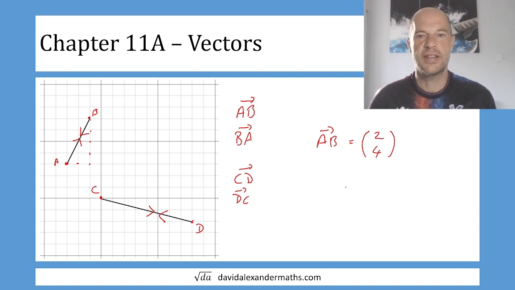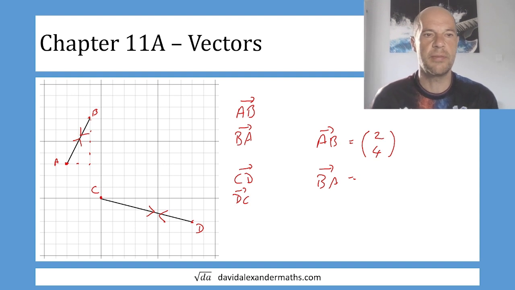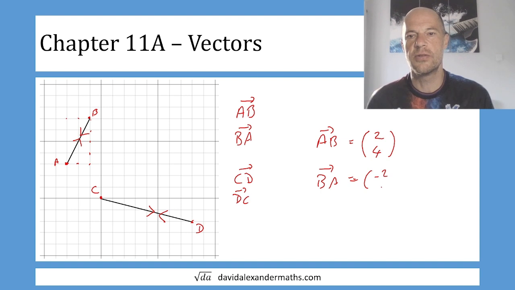If we were doing the vector B to A, how do we go from B to A? That would be 2 to the left and 4 down. So that would be (-2, -4). In other words, because we are reversing vector AB, we could say that BA was the negative version of (2, 4), and we can expand out that vector, which would be, as I've already mentioned, (-2, -4).